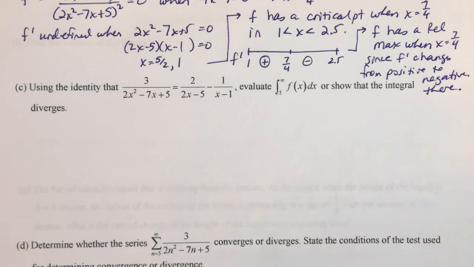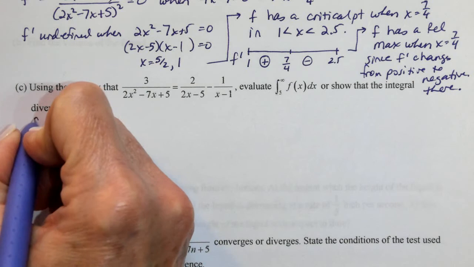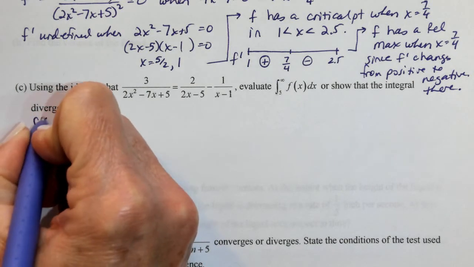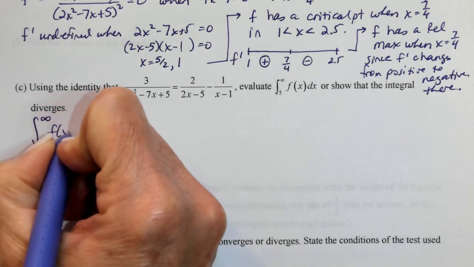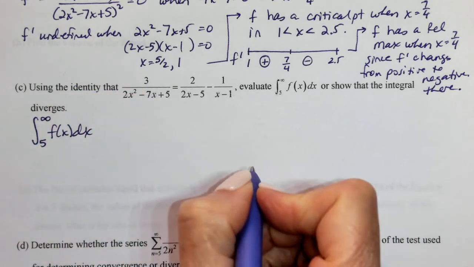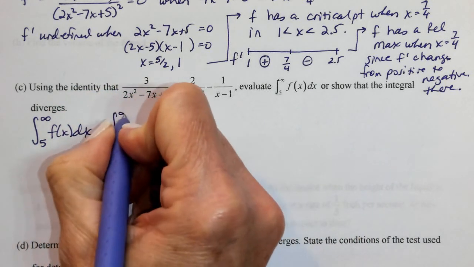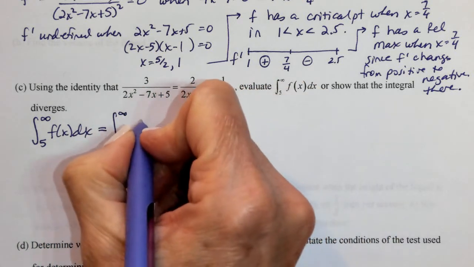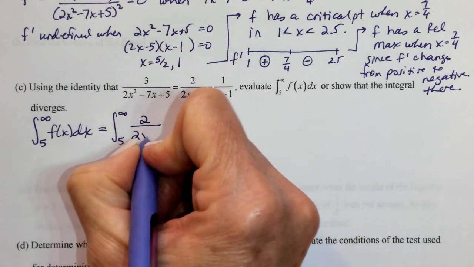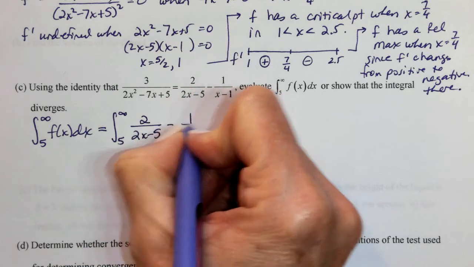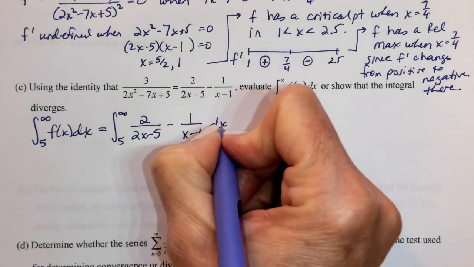That was awfully kind of them. So the integral from 5 to infinity of f of x dx is equal to the integral 5 to infinity of our partial fraction decomposition, which they very kindly did for us, dx.